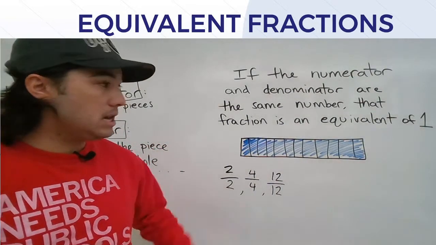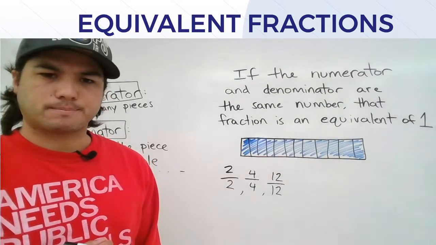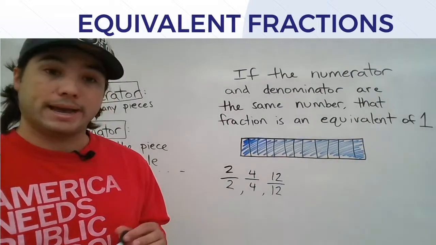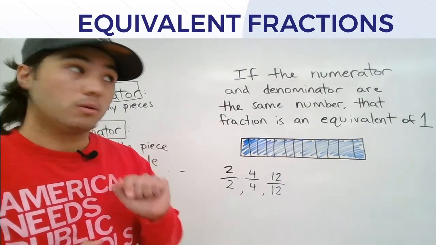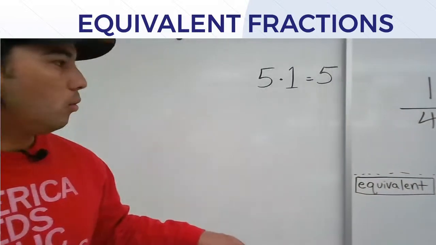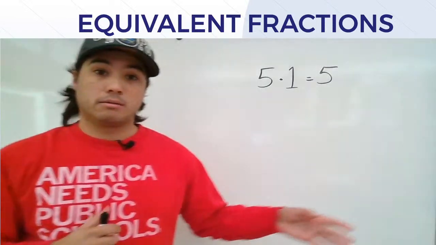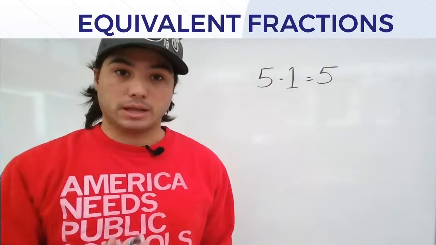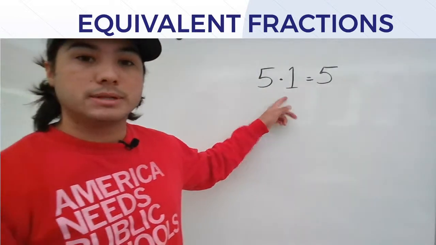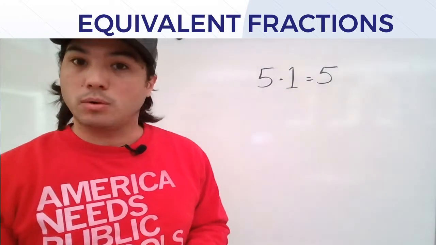All of these fractions have the same value. They all equal 1. Why is that important today, you might ask? Well, here's why. We know from being fabulous multipliers that any amount times 1 is going to equal that same amount.